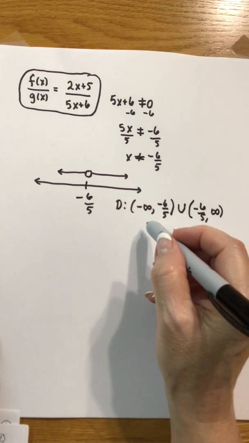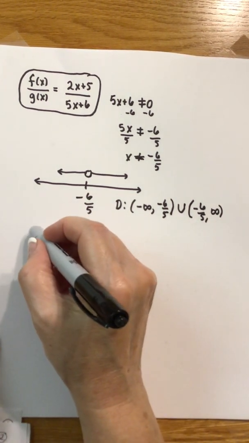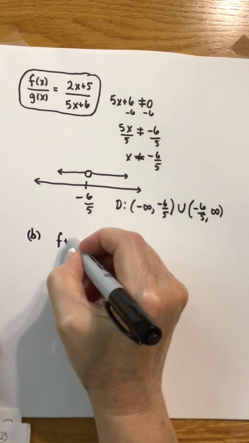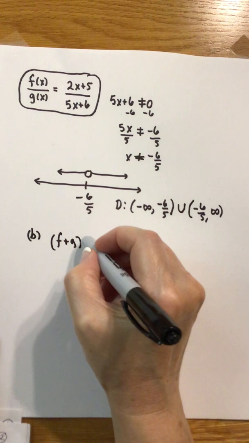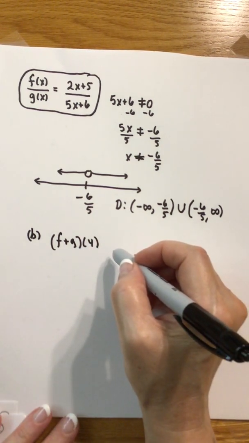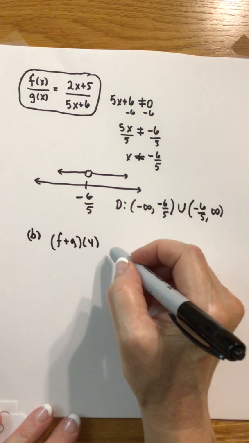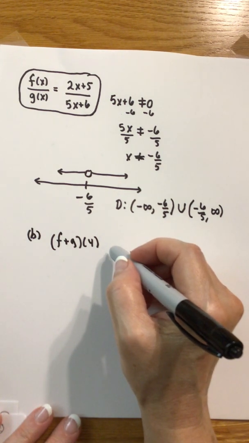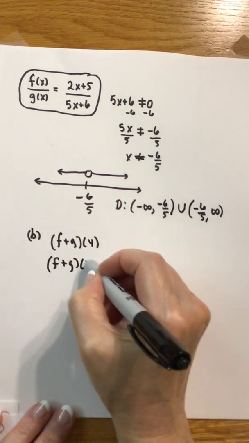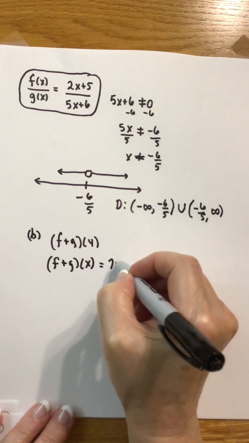The second thing it asks us to find is the B part. It says find f plus g of 4. Now there's two ways that you can do this problem, but the one that we've already done is we've already found what f plus g is. So we know that f plus g of x we found to be 7x plus 11.